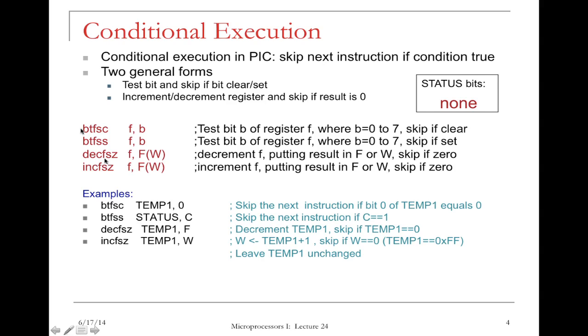F means we're going to need a variable, a register. We're going to skip the next instruction if F becomes a 0. This INC is increment, FSZ. We're going to increment register F. We're going to skip the next instruction if F becomes a 0.